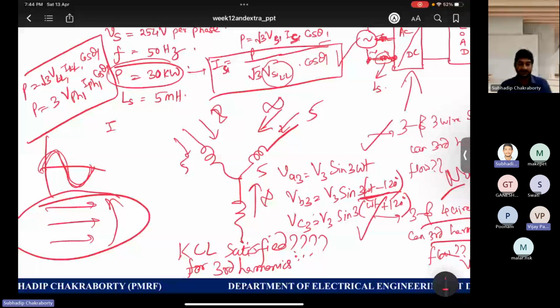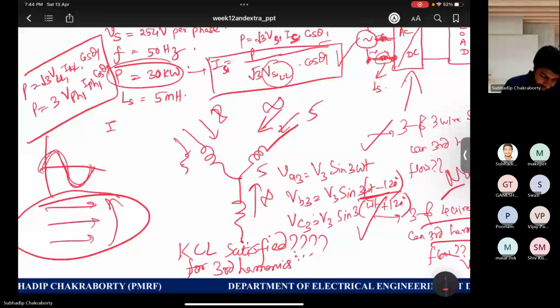So you just plug in the values, because in the problem 254 volts is given as phase voltage. So what will you do to convert it to line voltage? Since nothing is given about the supply, consider that it is a star.